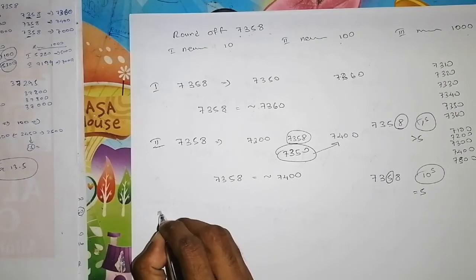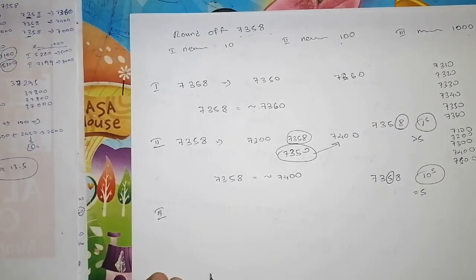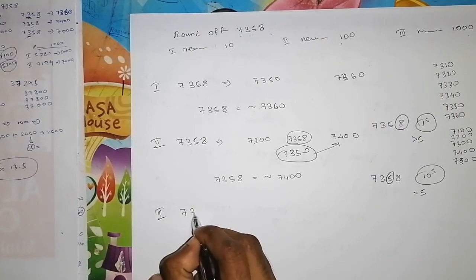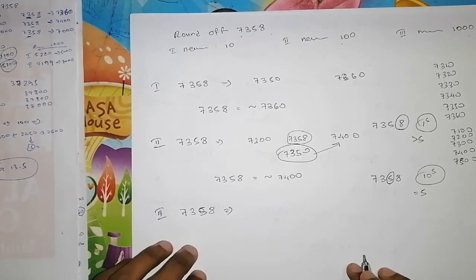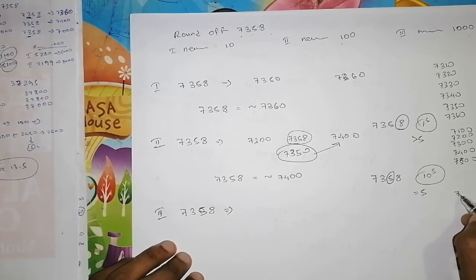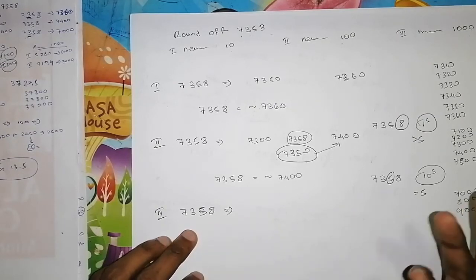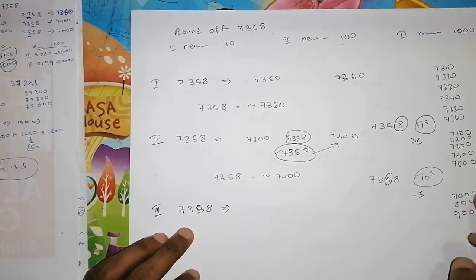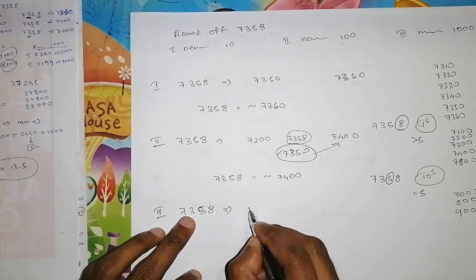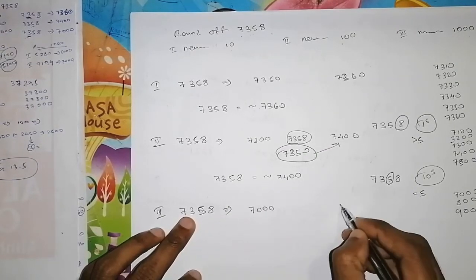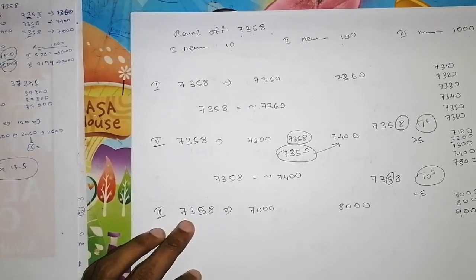The third question, the last one, is the nearest 1000. 7358. What are the thousands? 7000, 8000, 9000, those are the thousands. So 7358 is in between 7000 and 8000.